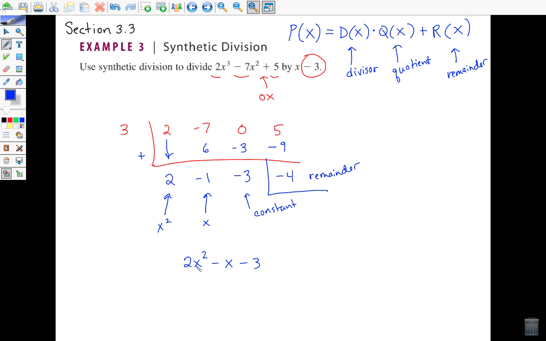Okay, so I have the 2, the -1 coefficient here, and the -3 here. So that's my quotient. Okay, I divided by x minus 3. And my remainder is -4. So actually I'm going to write it as -4. Okay, so this is my polynomial.